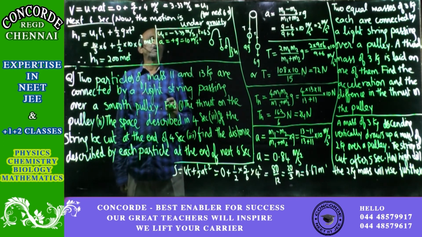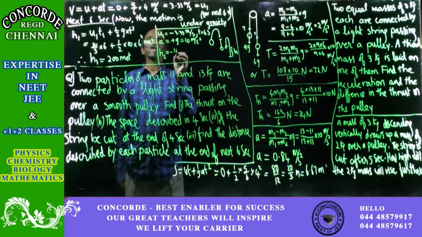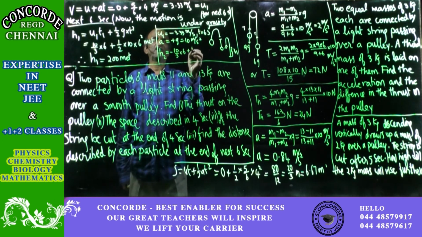Now to find out the distance, earlier we took the height to be h1. Now we will take it as h2. And what is the difference? There u was plus 10 by 3, now minus 10 by 3, into time 6, plus half into g, into t square. Here also the final point is only an assumption.